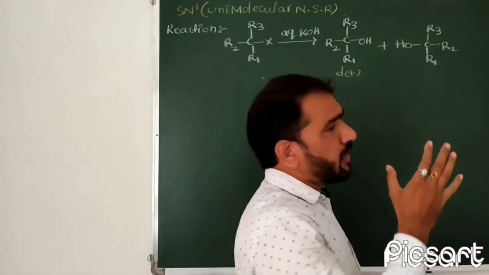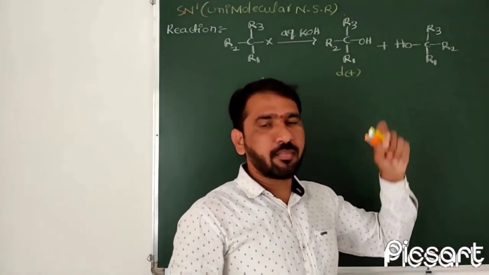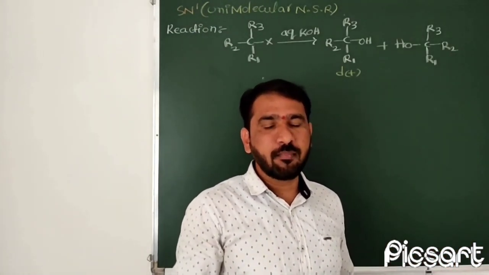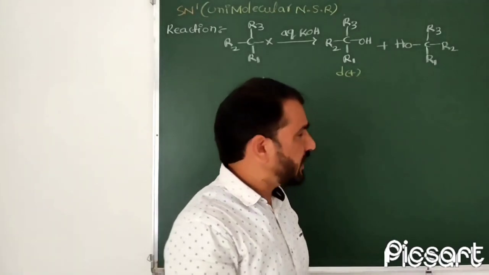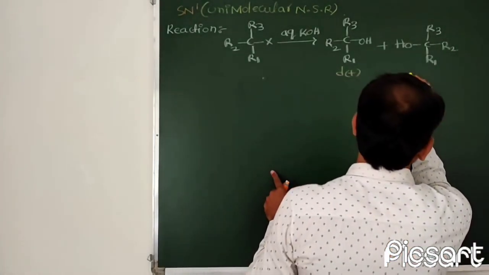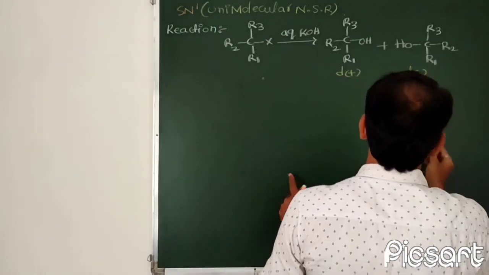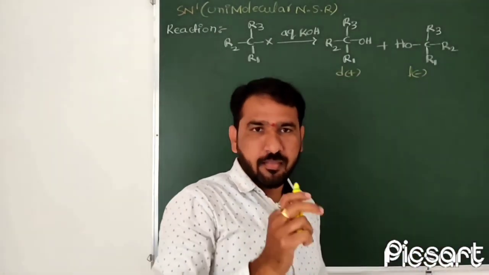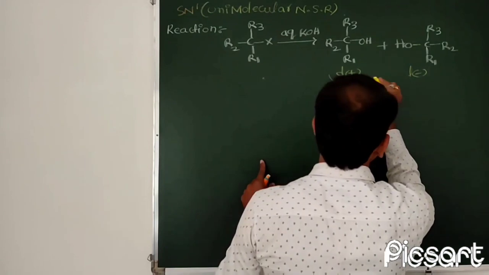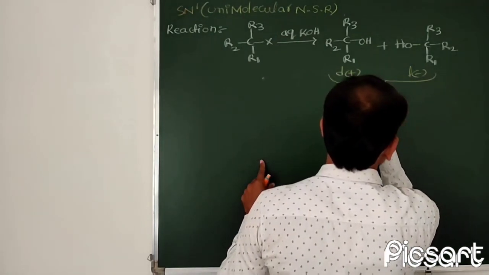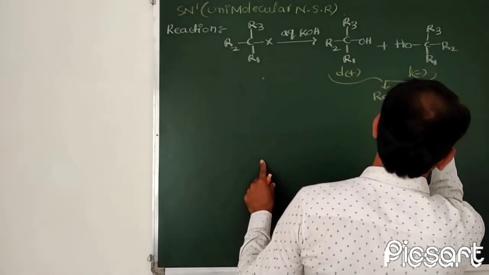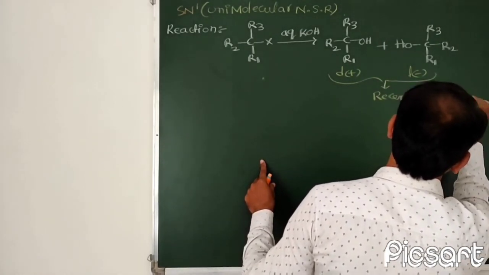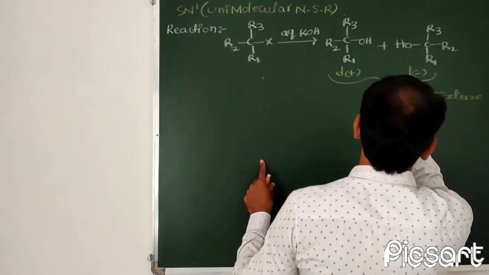If you pass plane polarized light over the second product, it rotates the plane polarized light in an anti-clockwise manner, so that product is called a levorotatory compound. These two are there in a mixture. Such a mixture is called a racemic mixture, right?